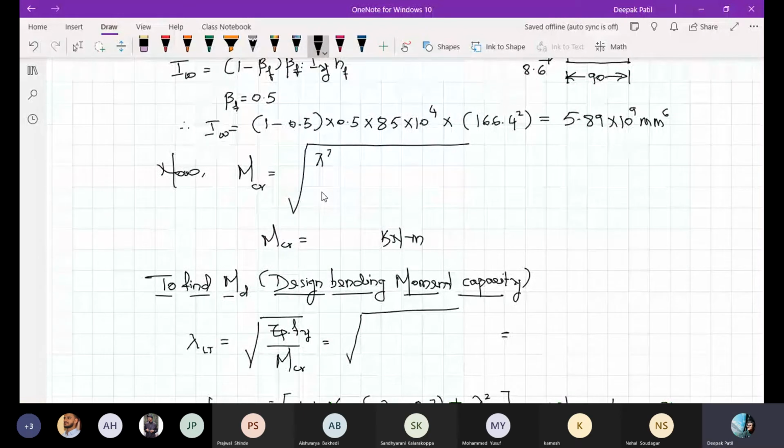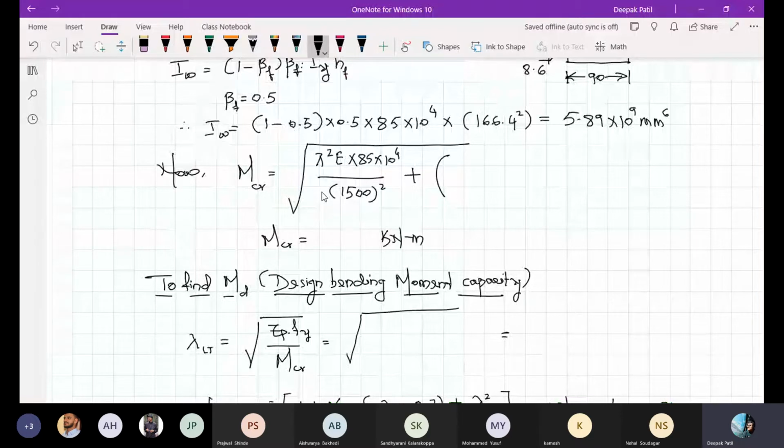So first term is pi square E into Iy, which is 85 into 10 raised to 4, divided by LLT square, which is the effective length, 1500 square, plus, inside the bracket, GIt, that is the shear modulus multiplied by the torsional constant.